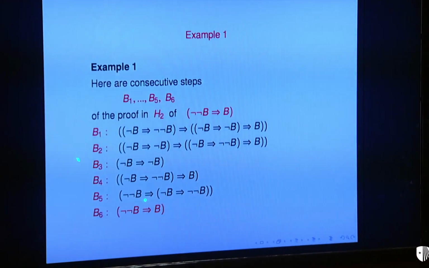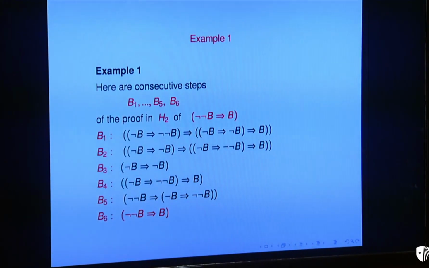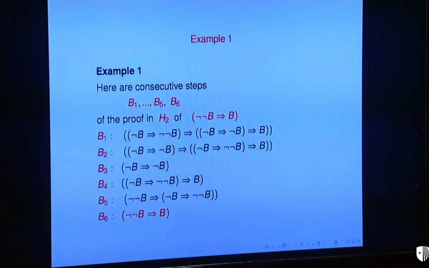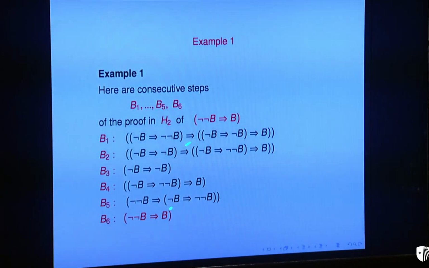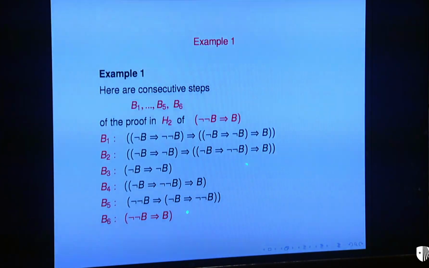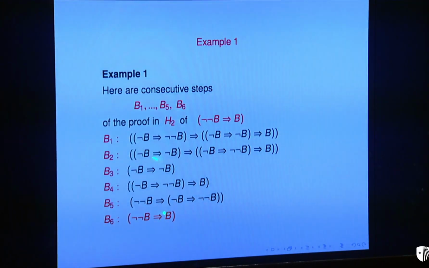Now, your goal is to say why it is a proof. A proof is a sequence. What is this? Why is it a good step? What is this? Why is this a good step? What is this? Why is it a good step? And so on.